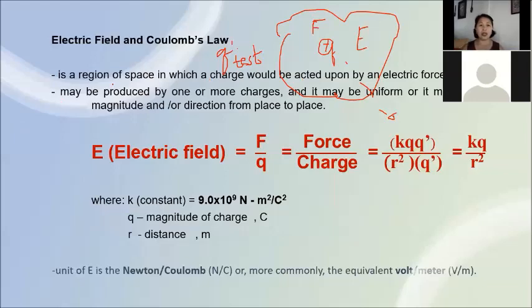Now, electric field may be produced by single or several charges. It may be uniform or vary in magnitude and or direction from place to place.